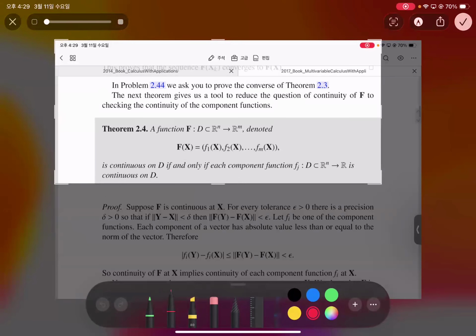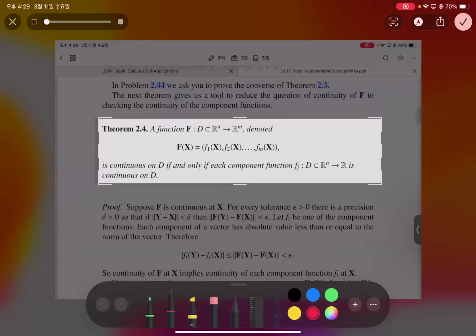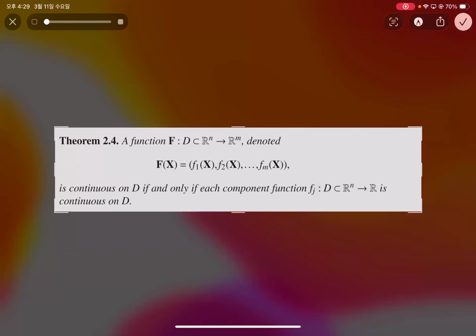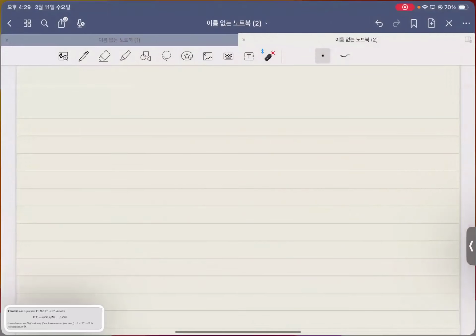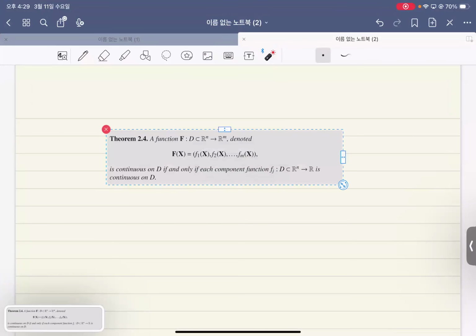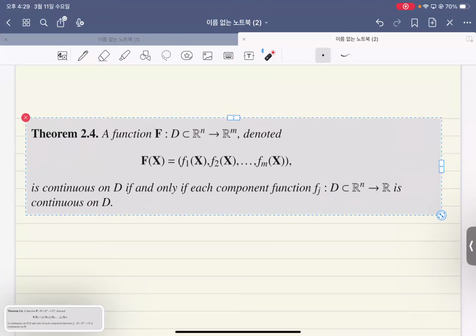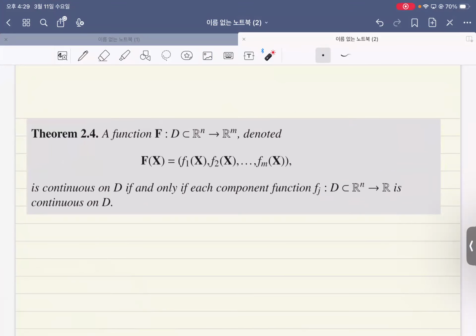Another obvious theorem is, I have a function from Rn to Rm. Then because the codomain of this function is Rm, it must have m many component functions from f1 to fm.